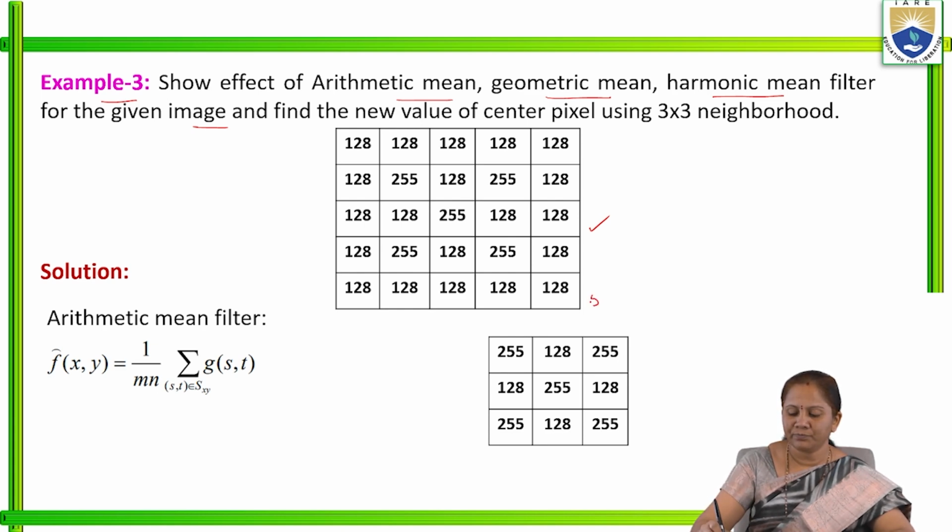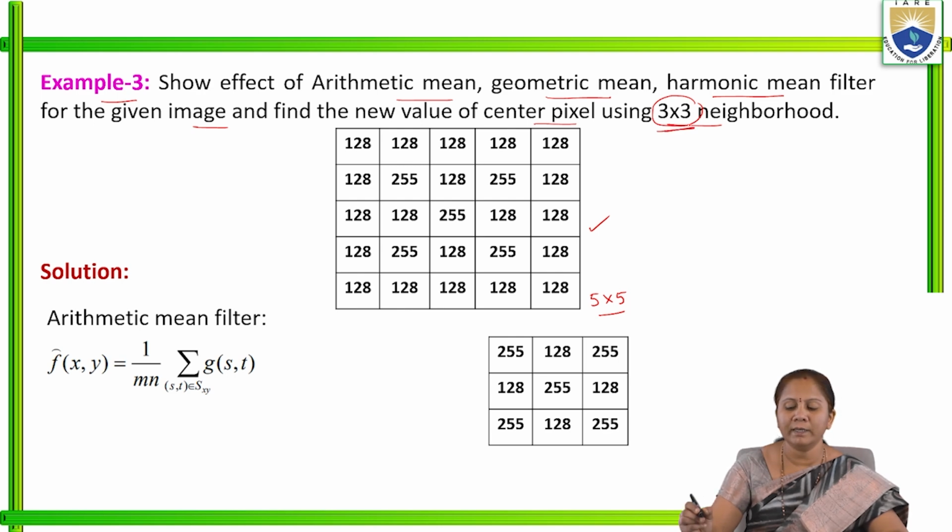So this is the image whose size is 5 by 5, and find the new value of the center pixel by using a 3 by 3 neighborhood. So they are asking to use only a 3 by 3 mask out of this 5 by 5 size image. They are asking to calculate only the new pixel value for the center pixel by applying the 3 by 3 mask.